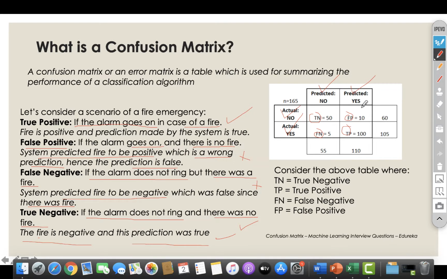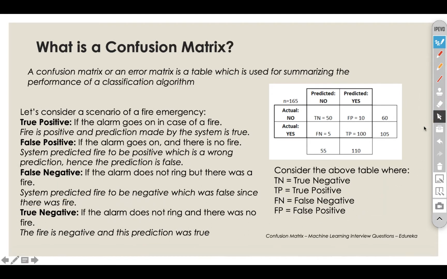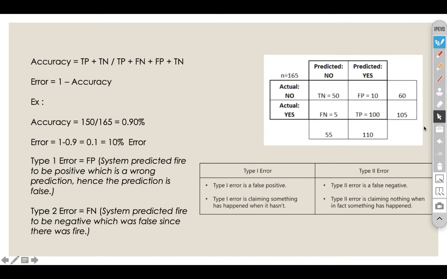So in this table, 50 and 100 times the system predicted correct and 15 times the system predicted wrong. Let's see what we are able to look into from this particular data. So we will calculate the accuracy of the model from this particular data.